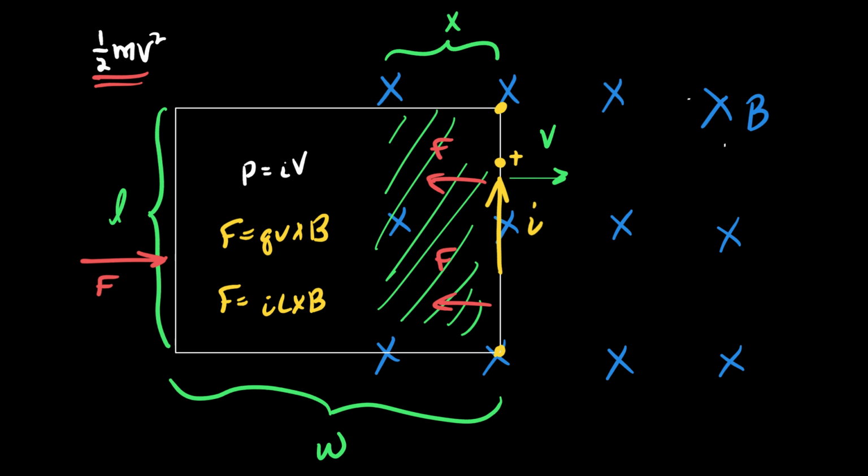All electric vehicles that recapture energy using inductive brakes use a form of this that recaptures the energy and brakes the car by generating a current. So instead of applying physical brakes, all you do is engage a magnetic field. And that magnetic field slows the car, generates a current.